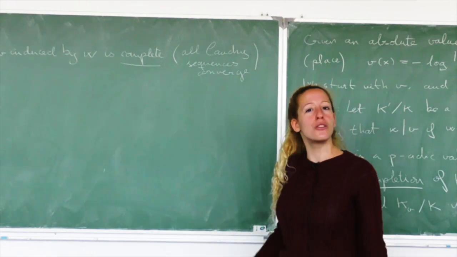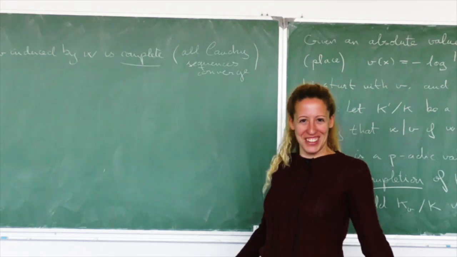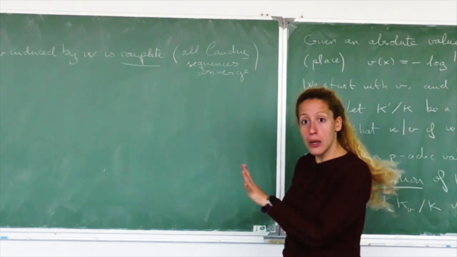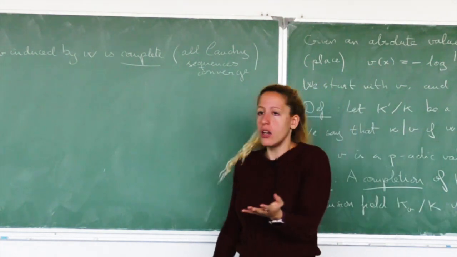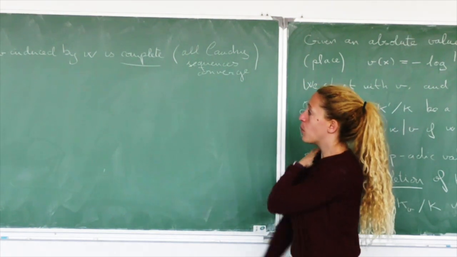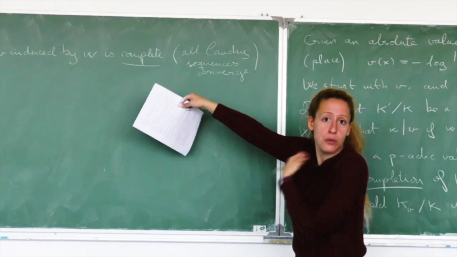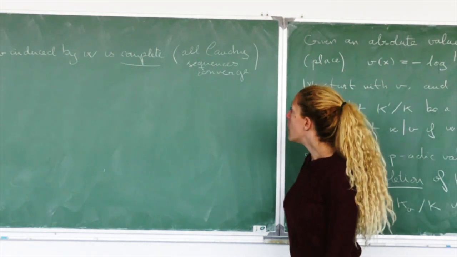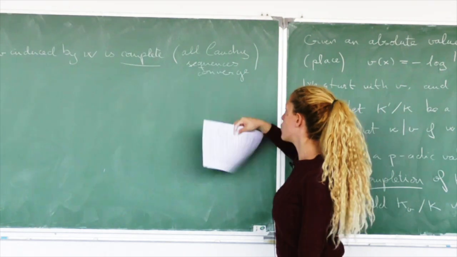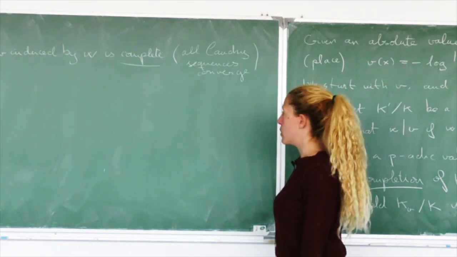This is an analysis course that you follow in a first year bachelor. All those are concepts that I'm assuming that you know, I'm just recalling them a little bit. A metric space in which you have a distance is called complete when all Cauchy sequences converge.